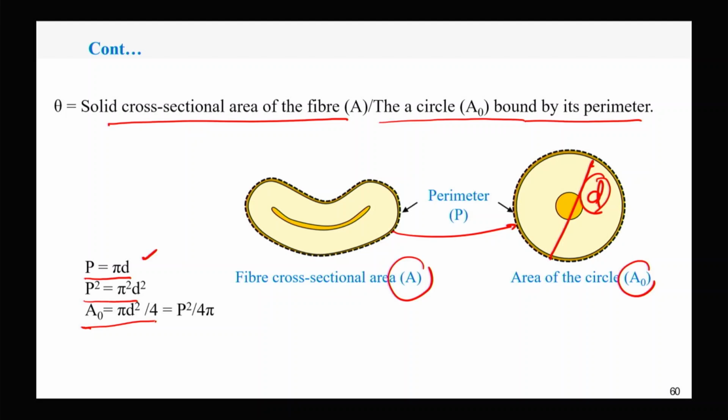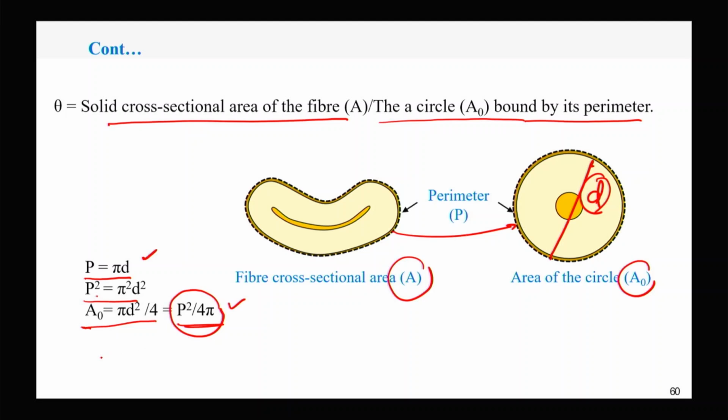A0 is pi d square by 4, so we can replace d using the perimeter, and it becomes p square by 4 pi.